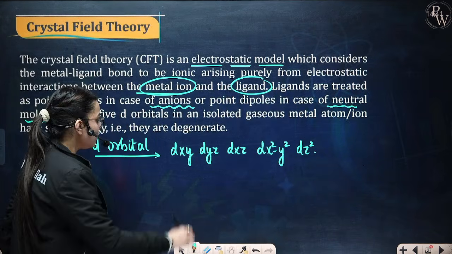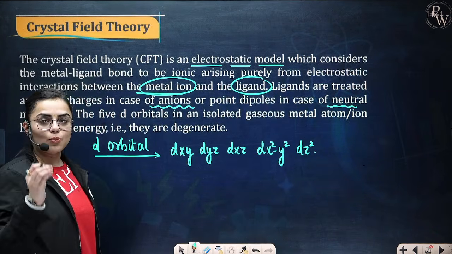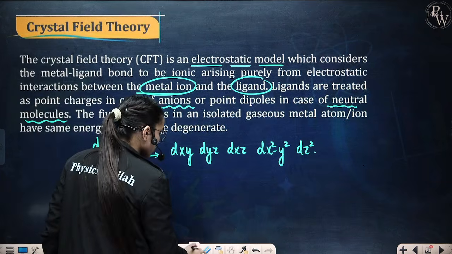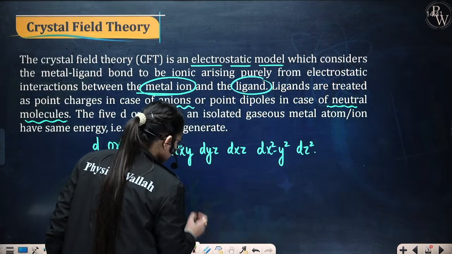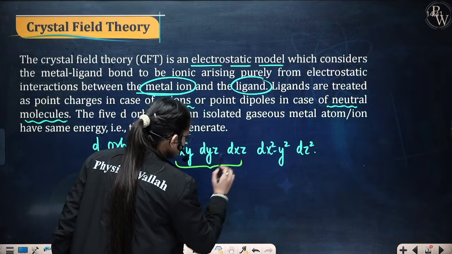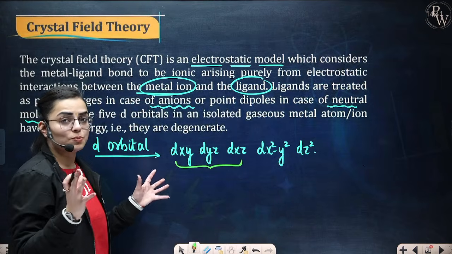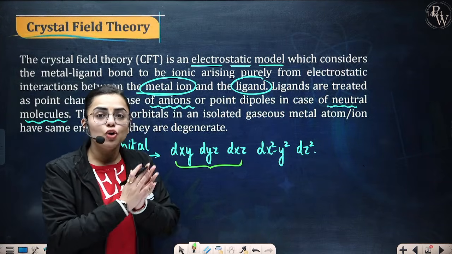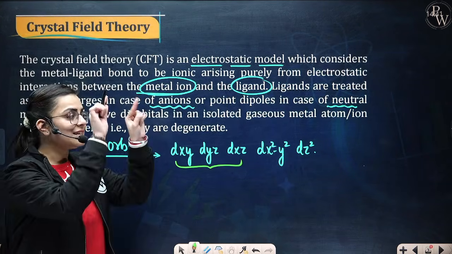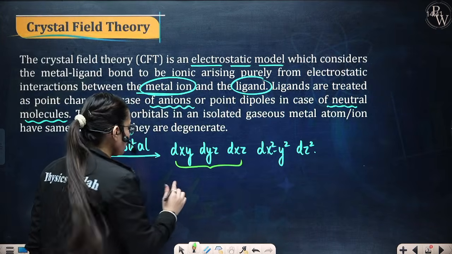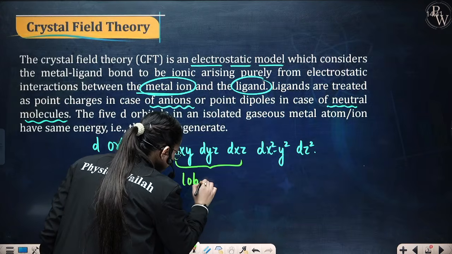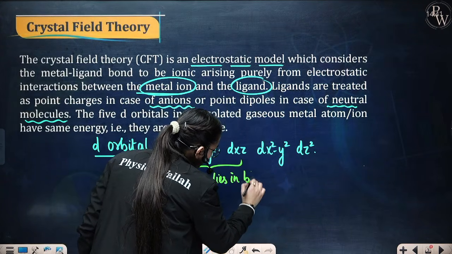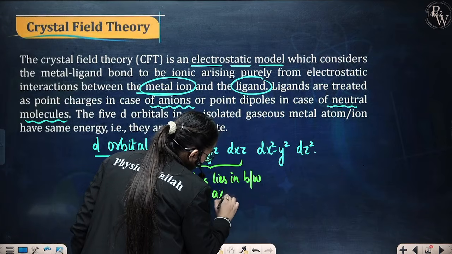If I talk about dxy, dyz, and dzx, here in these three cases, my dear students, you shall see that the d orbital shows a double-lobed shape, and the lobes lie in between the axes.